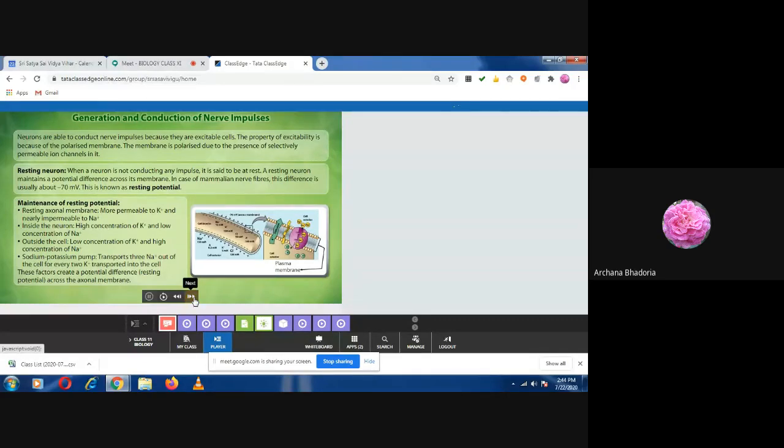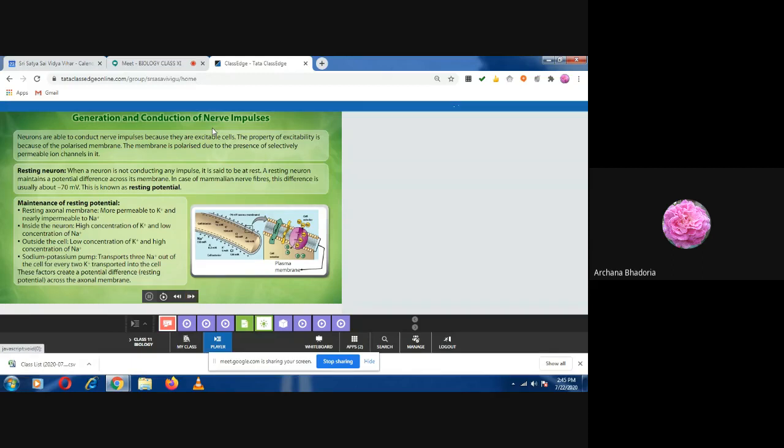Now today we are studying the new topic, the nerve impulse conduction along the nerve fiber. What you have to understand is how the nerve impulse goes from one part of the axon to another part.